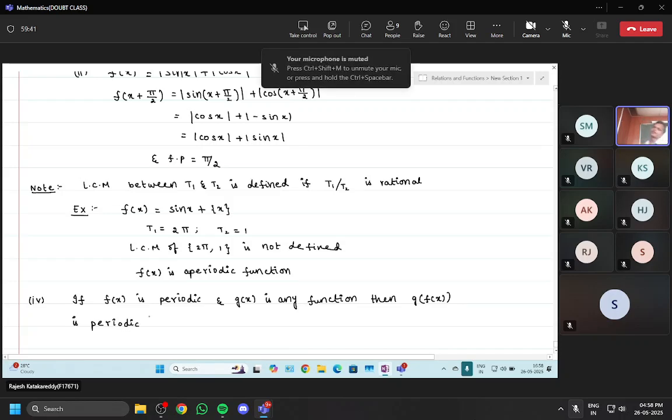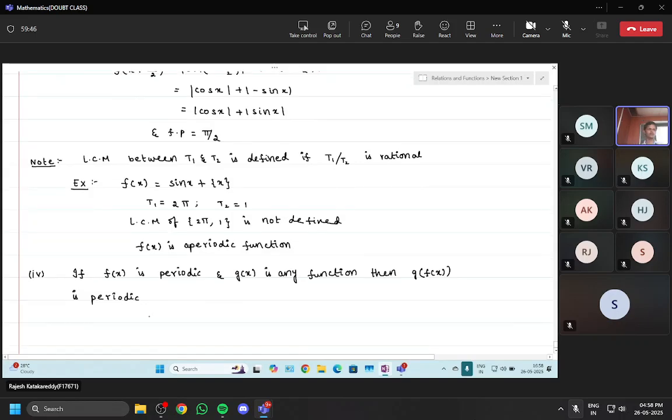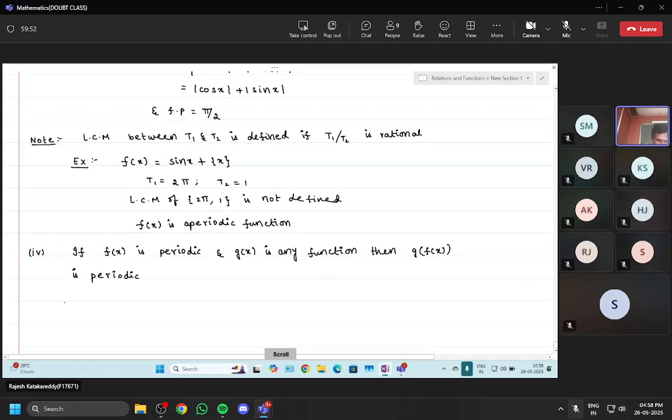If you want the composition to be periodic, make sure the inside function is periodic. I didn't mention anything about the fundamental period, it changes, right? So we can take one example here.